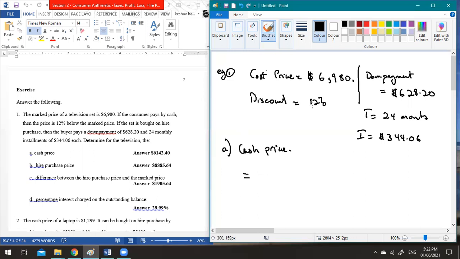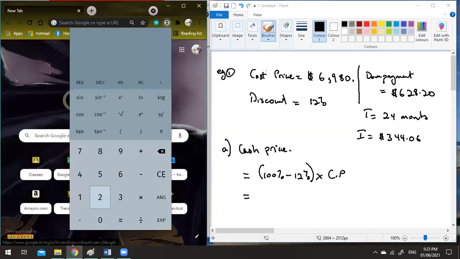Since we know the discount is 12%, what we are actually paying is 100% minus the 12%, which is the discount, multiplied by the cost price. Right? So again, we could use the calculator for that. So we know it's 100 minus 12, which is 88. And since it's a percentage, you have to divide by 100.